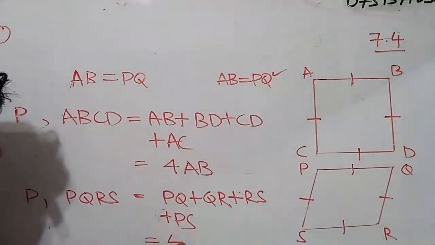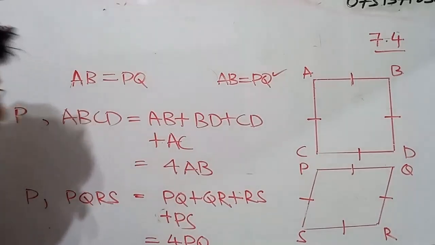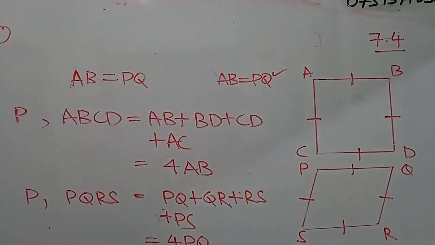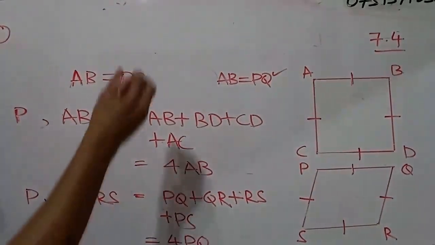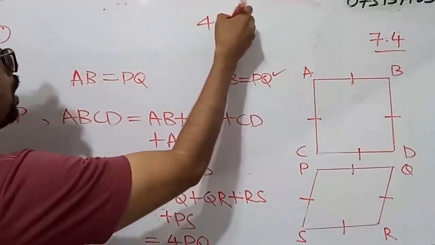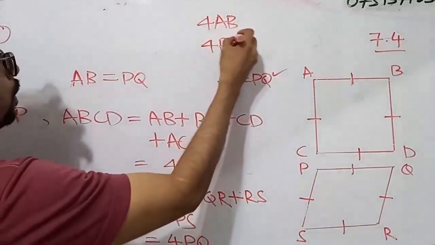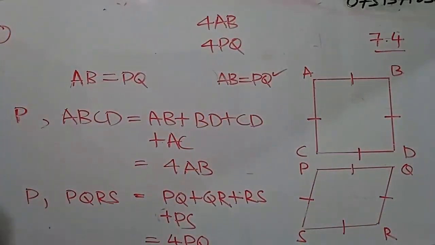So I can rewrite this as what? 4 times PQ. Right. So I'm going to erase this now. So I'm going to write 4 times AB, then 4 times PQ, just to refer.